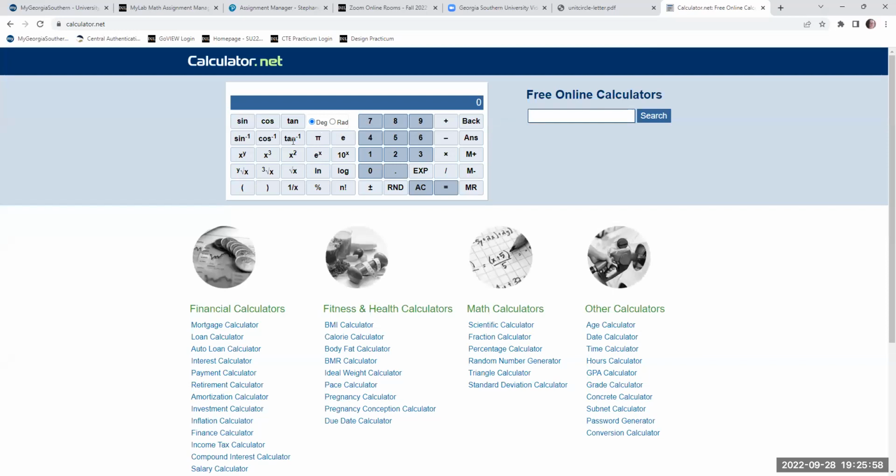Before I start, make sure that you select radians for your mode. Another word for tangent inverse is arctan. If I round it, it's going to be 0.88.